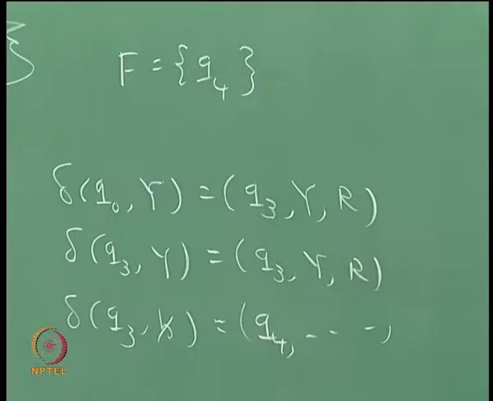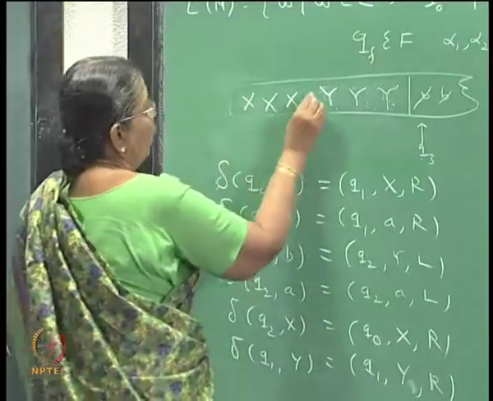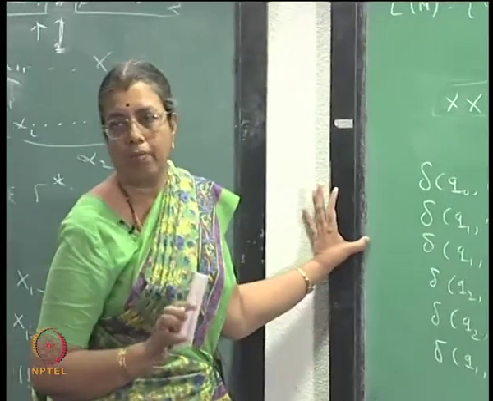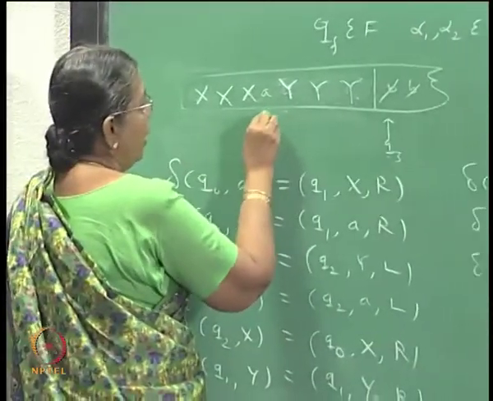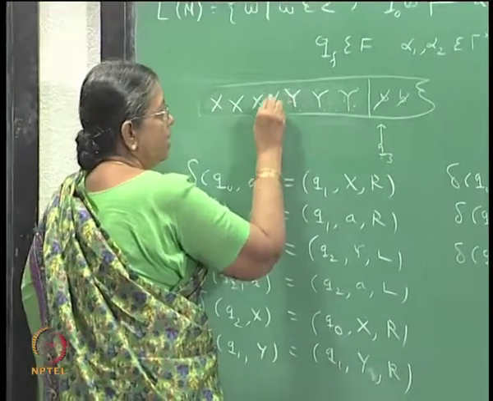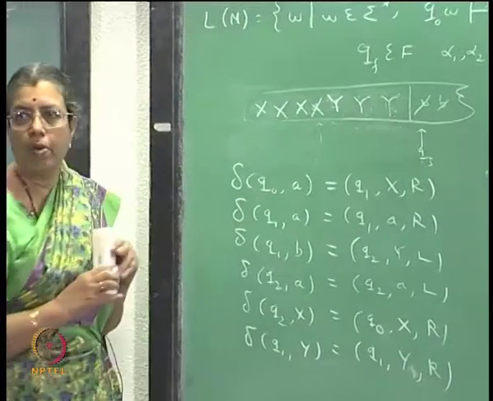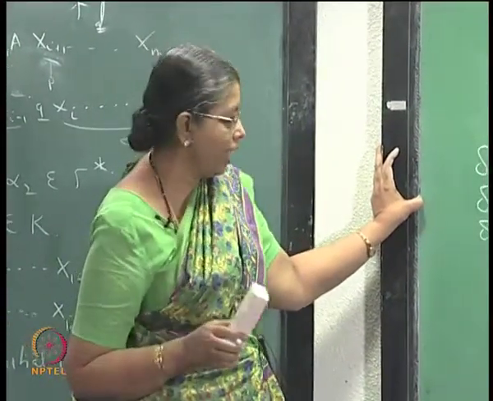Now, what will happen if you have more A's or more B's? Suppose I have one more A, what will happen? It will come here in state Q naught, replace this by an X, and it will move in state Q1 looking for a B, and in Q1 it will see a blank.